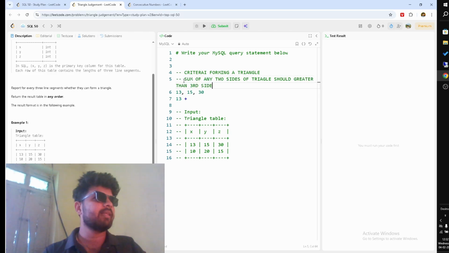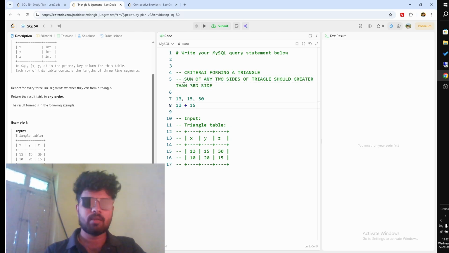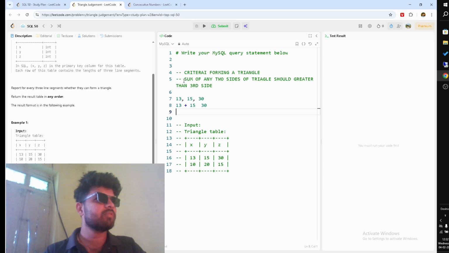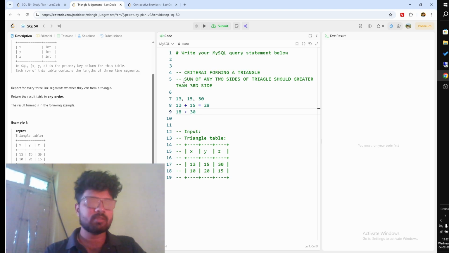So what does this mean? Here we have 13, 15, and 30: first side 13, second side 15, and third side 30. 13 plus 15 is 28, and 28 greater than 30 is false.